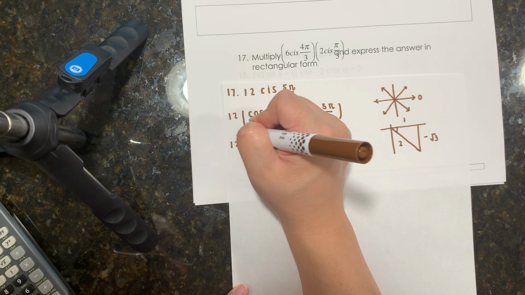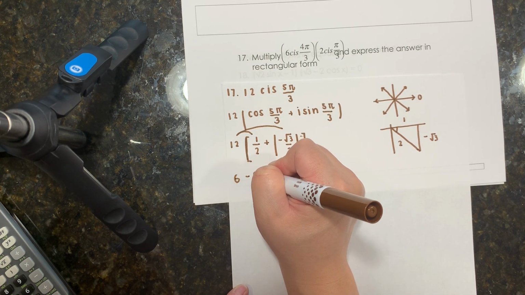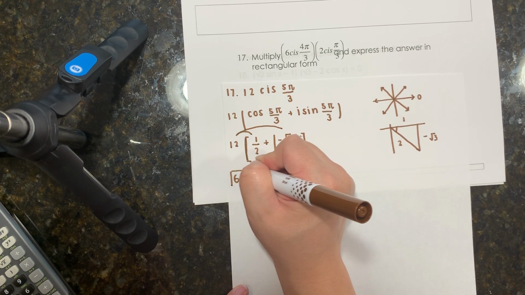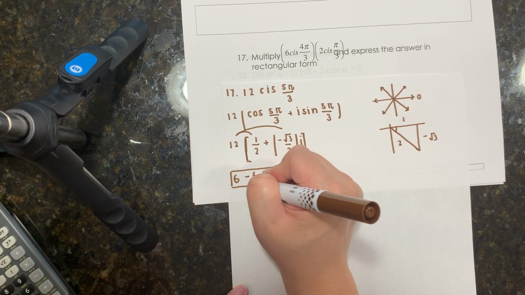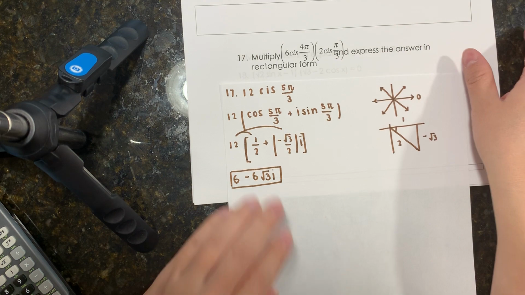So now when I distribute the 12, I'm going to get 6 minus 6√3, and then my i. And that's number 17.